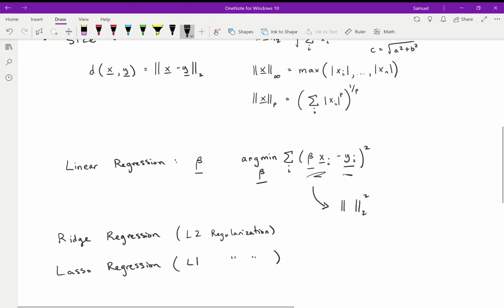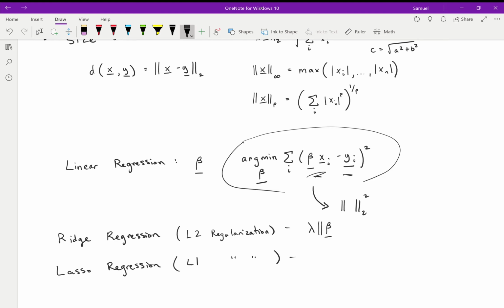Basically what you're doing in each of these scenarios is, in addition to this minimization that we're talking about, we add a penalty for the norm of this coefficients vector. So in L2 regularization, we are using the L2 norm. In L1 regularization, or lasso regression, we are using the L1 norm. Or rather, the square of the L2 norm.